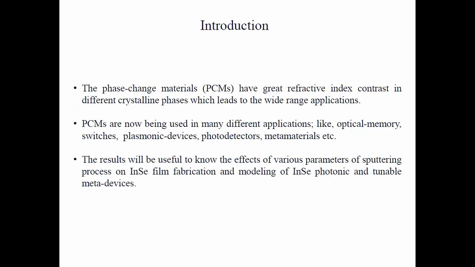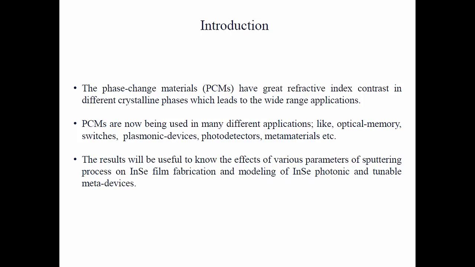So, some of the chalcogenide materials are also phase change materials. Phase change materials are the materials which have different phases. So, we can transform to a different phase of that material by giving some external stimuli, like if we give a laser pulse or some electrical stimulation.